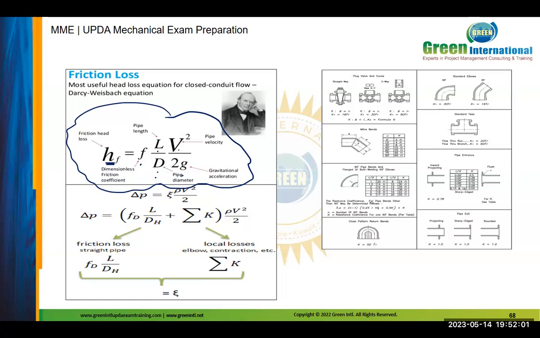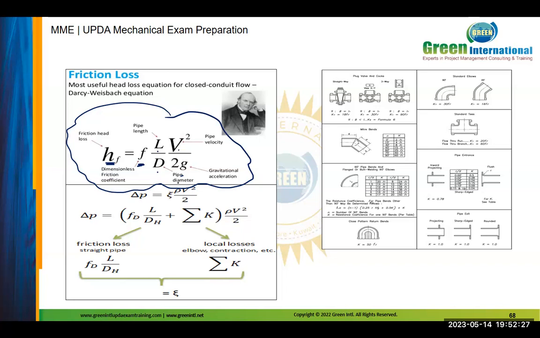If you remember the problem we solved, the equation given for losses calculation is almost the same: 0.01 times L over D, V square over 2g. The 0.01 is the f. What is f? The friction coefficient, the friction factor calculated from a chart to represent the losses.